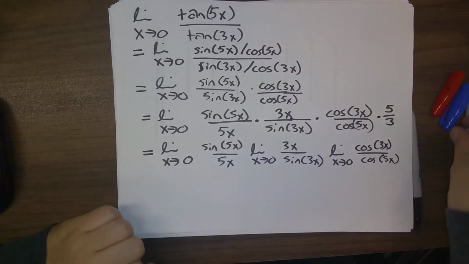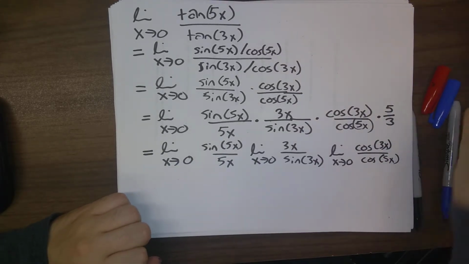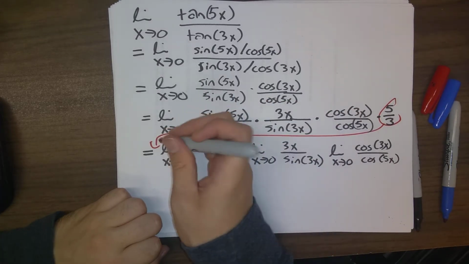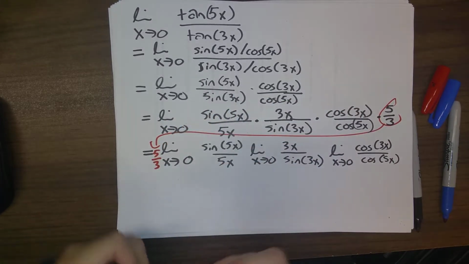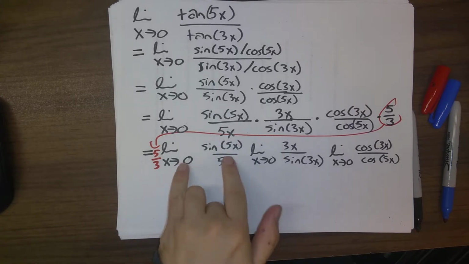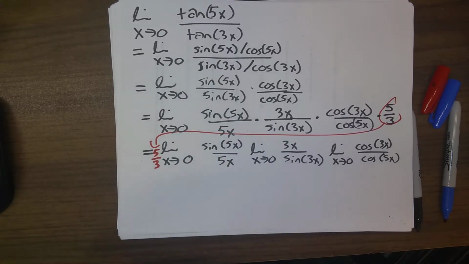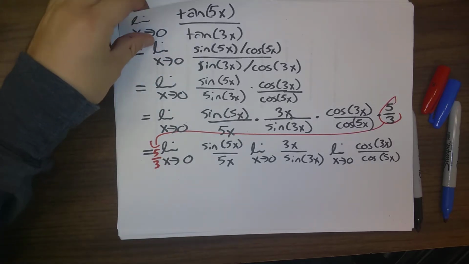We have a factor of 5/3 floating around. That's a constant, so let's just move that out in front. Here we're applying the product law because each one of these three limits will exist, and we'll see that as we evaluate them on the next page.